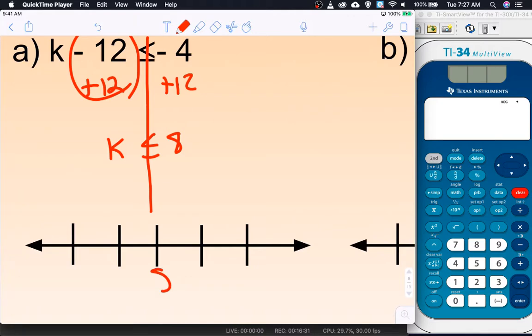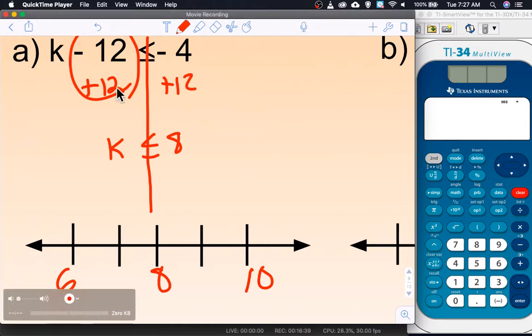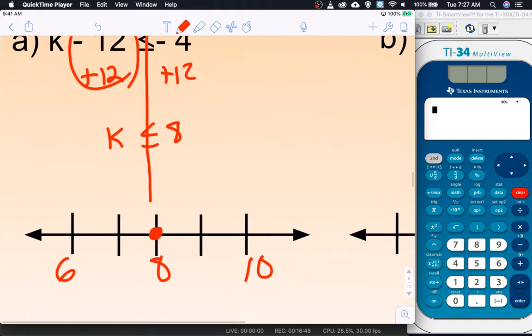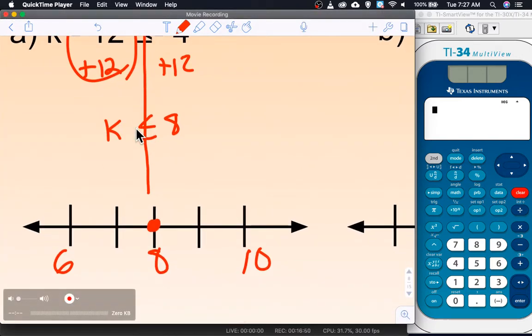Number line: 6, 8, 10. So I'm skipping every other line. Dot. This is going to be a solid dot, and we know because of the or equal to line. And shade. This is a less than, so we're shading numbers less than 8.